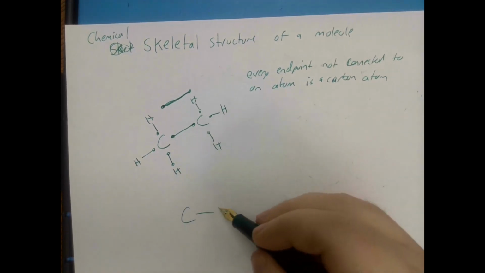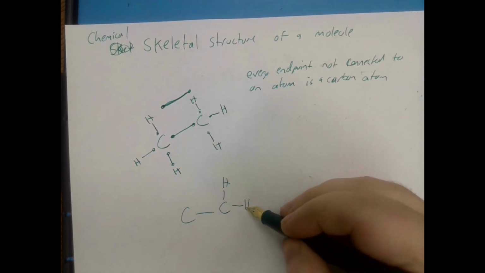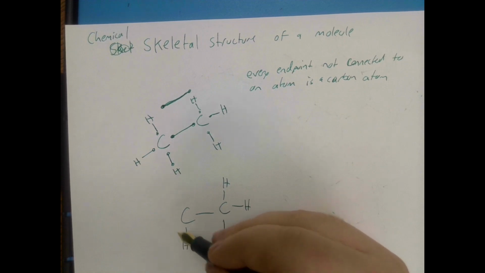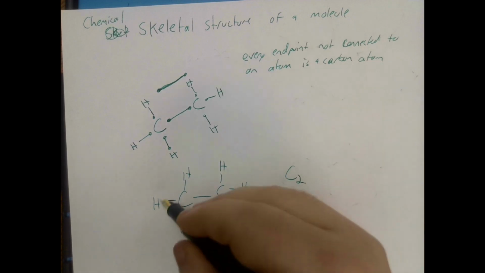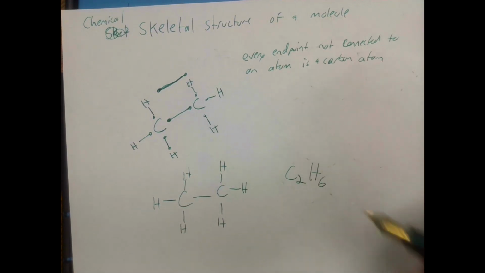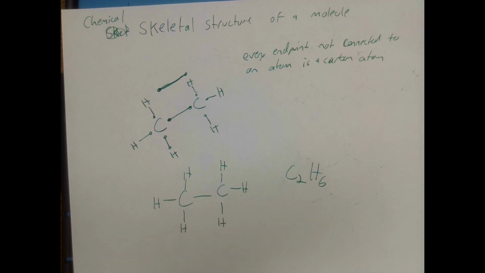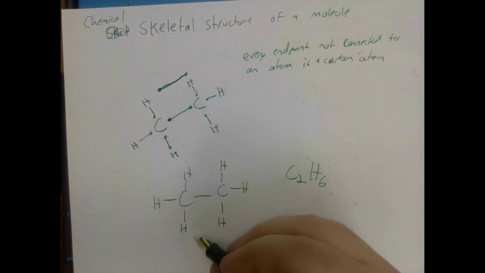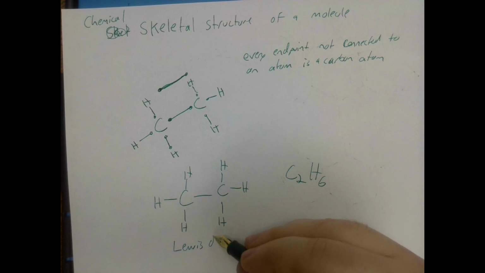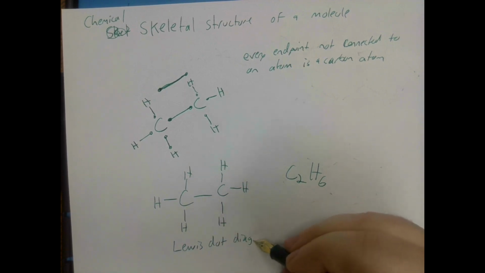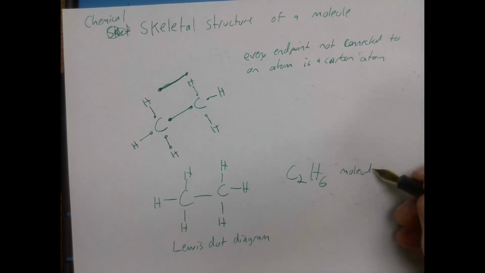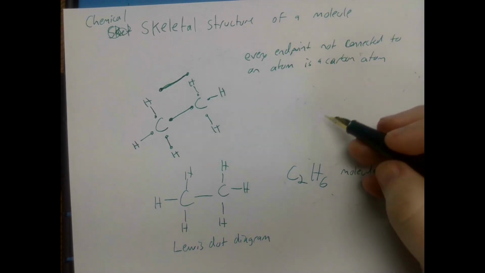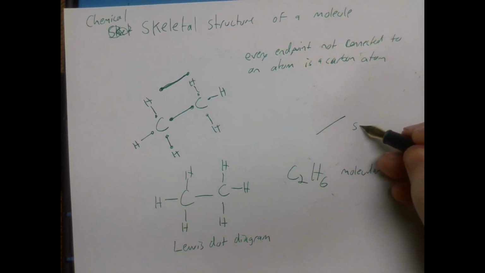So what we end up with is this chemical here, which is C2H6, 1, 2, 3, 4, 5, 6. So this is the Lewis dot diagram. This is the molecular formula. And this is the skeletal structure.